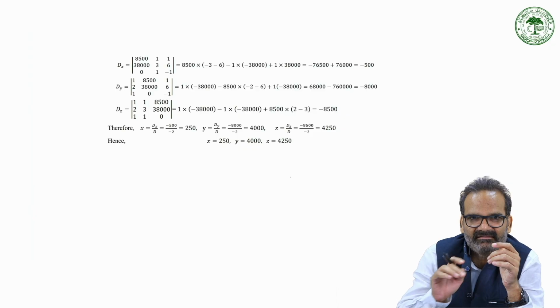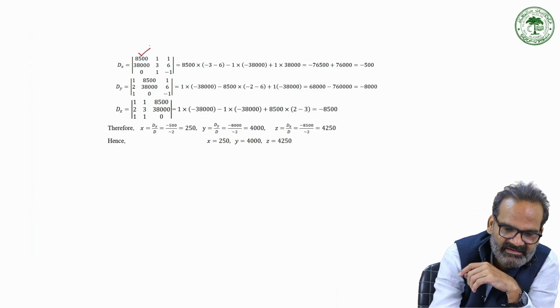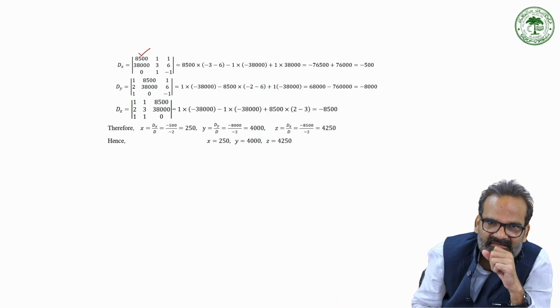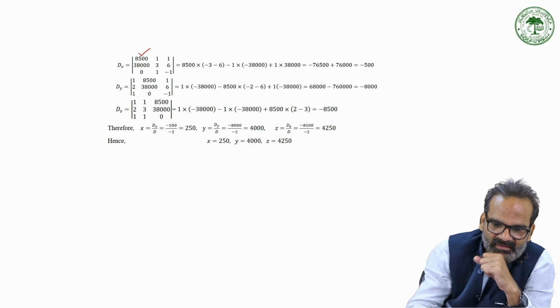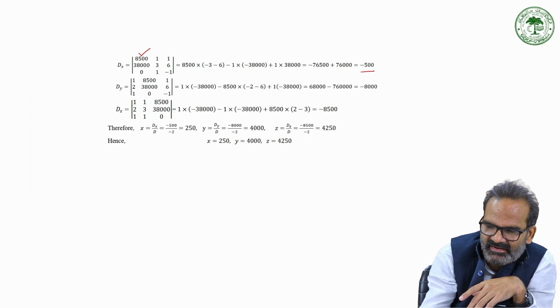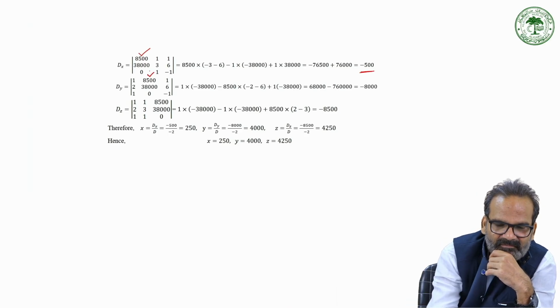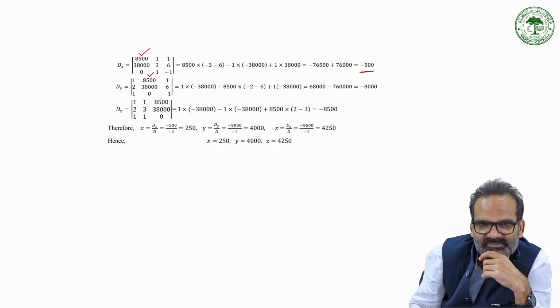And look here, this is your dx. The first column is replaced by B, that is 8500, 38000. The remaining two columns remain as they are, and when you simplify it, you get its value as 5000.